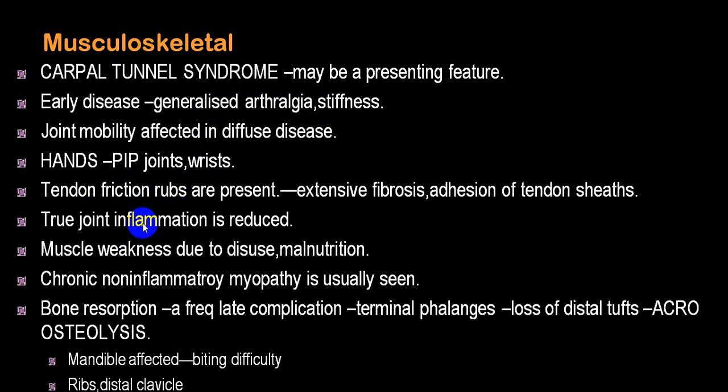Joint inflammation is reduced, muscle weakness may be because of disuse, myopathy can be there. Bone resorption, which we call acro-osteolysis, will be seen, particularly the terminal finger, and there will be loss of the distal part of the terminal finger. Mandible may be affected, ribs, clavicle may be affected.